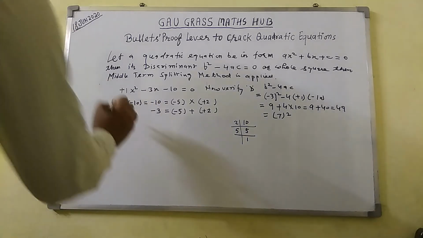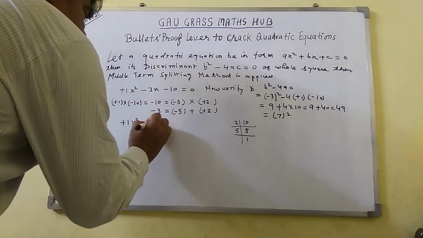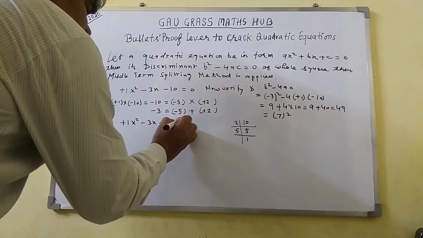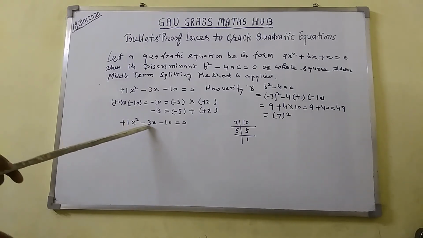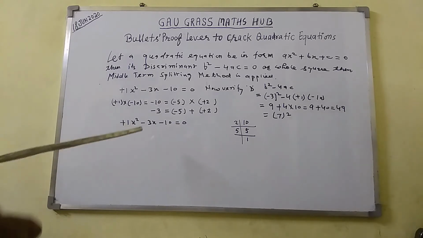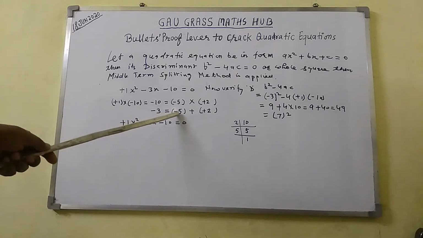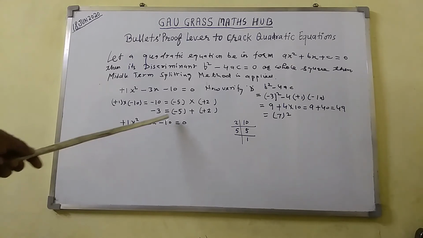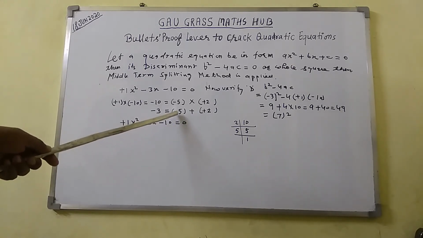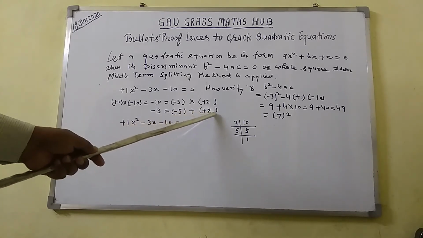Let us see. Here write the original quadratic equation: 1x square minus 3x minus 10 equal to 0. In this case, the middle term is minus 3x. From this place you have got that the middle term minus 3x will be split into two parts as minus 5x plus 2x.